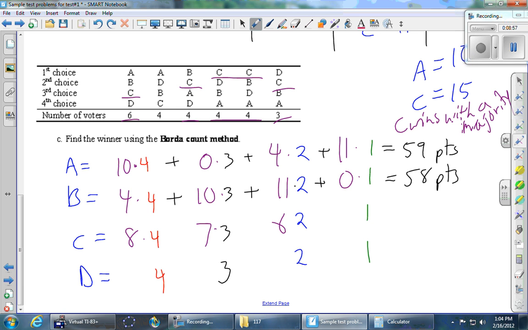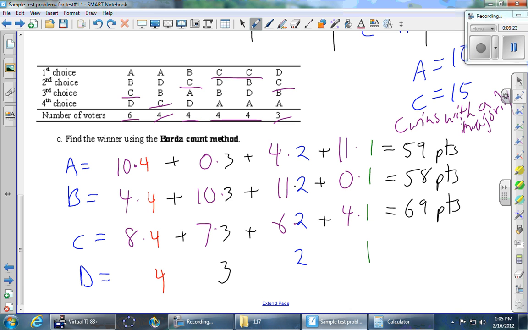And then finally, last place votes, just this column, which is 4. And again, we're going to multiply everything and add. 32 plus another 21 is 53, plus 12 is 65, plus 4 is 69. So right now, C is winning with 69 Borda points.